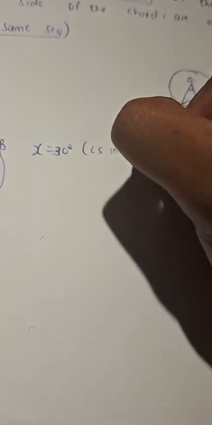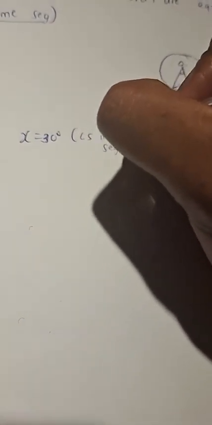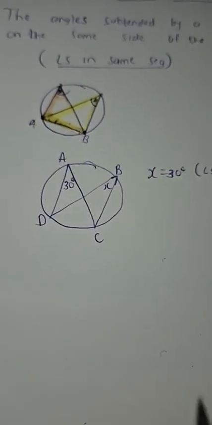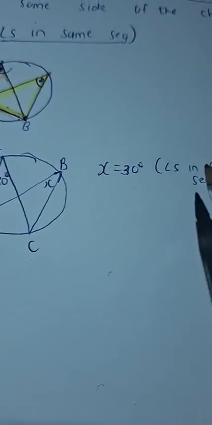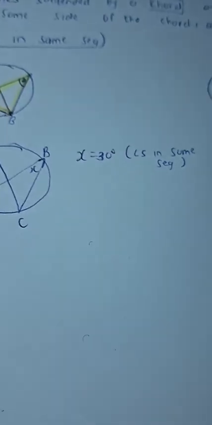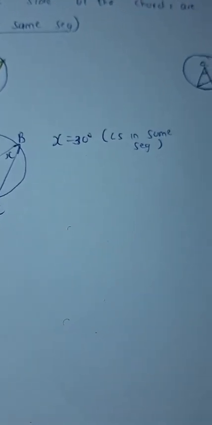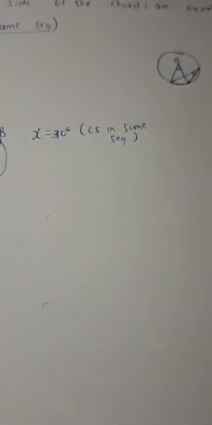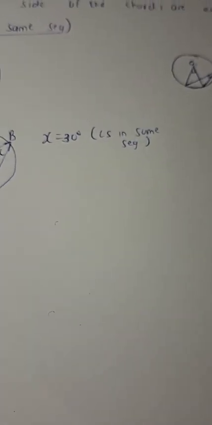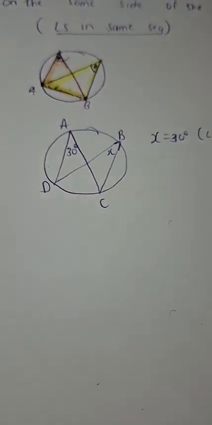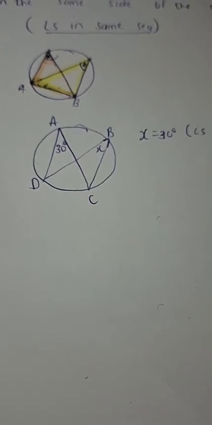And our reason for saying that is angles in the same segment. We are using the acceptable reasons from the acceptable reason document to substantiate what we are saying. You can check out the acceptable reason document. It actually says angles in the same seg. Very important, that document. You cannot overstate how important that document is.